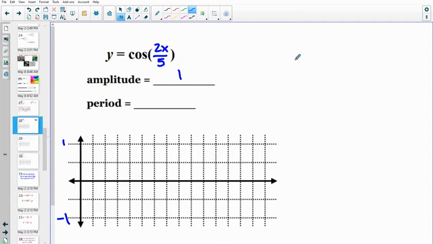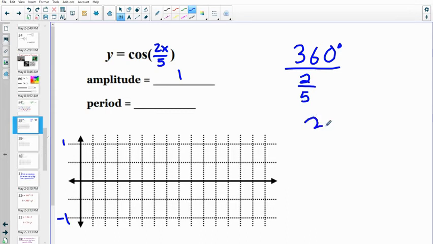The period is going to be 360 degrees divided by, and here's that k value of 2/5. This is 2/5 x. So to find this, I'm going to divide by 2/5, but that's a fraction inside of a fraction.